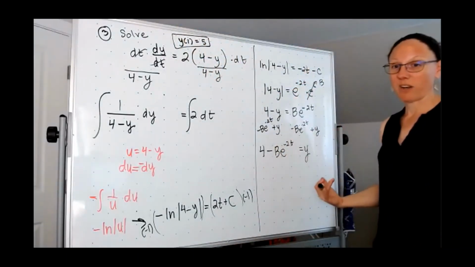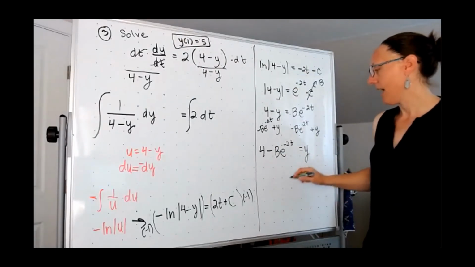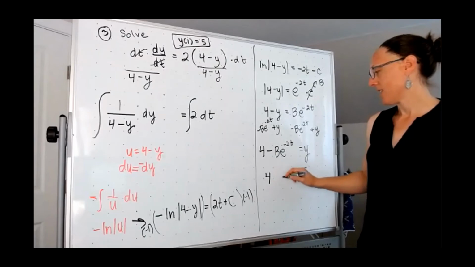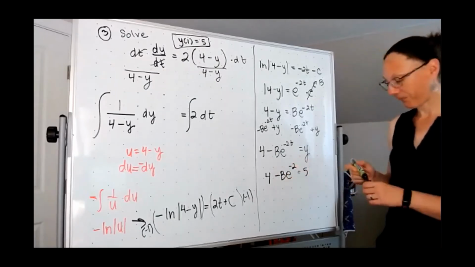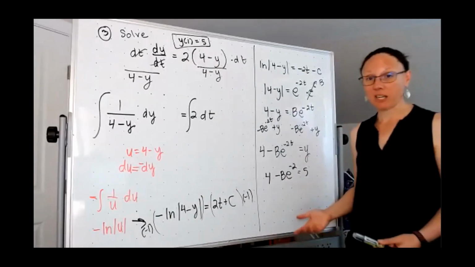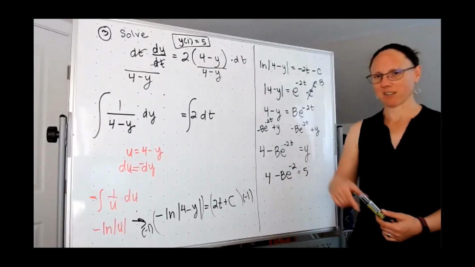Well, if y of 1 is equal to 5, that means I'm plugging in 5 for y and 1 for t. So I'd have 4 minus b e to the negative 2. It's not pretty, but I can subtract 4 from both sides. Okay, that part's not too bad.